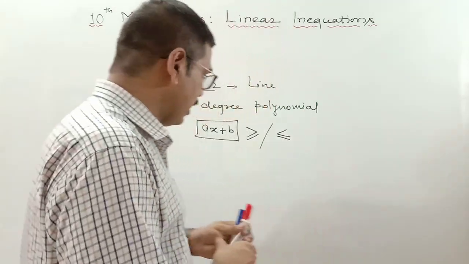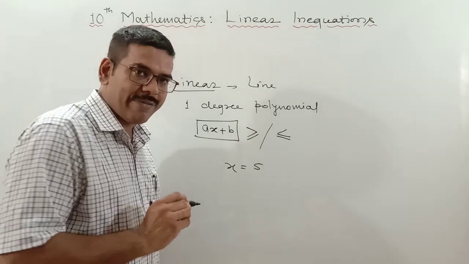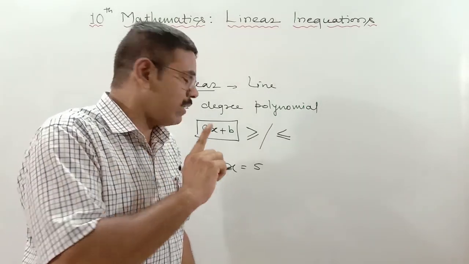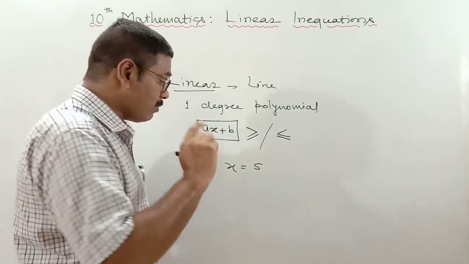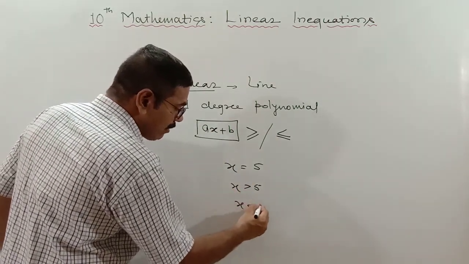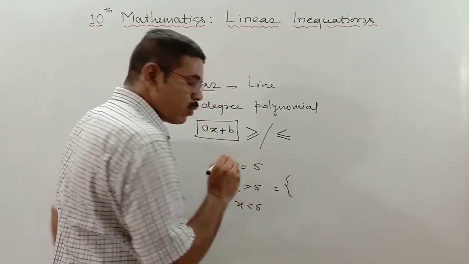Suppose I am writing x is equal to 5. Try to understand here. x is equal to 5 means there is one definite value of x. If I write x is greater than 5 or x is less than 5, then when I write x is greater than 5, you can write a set.